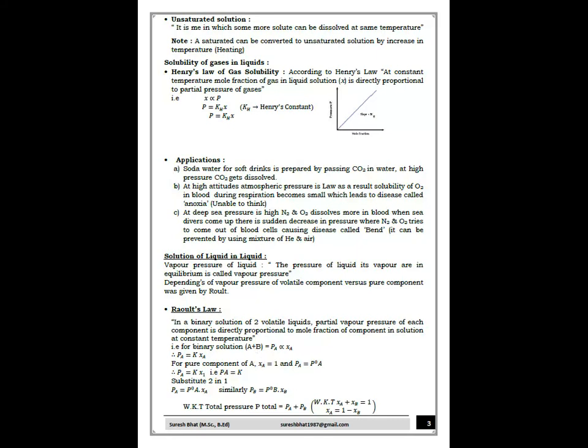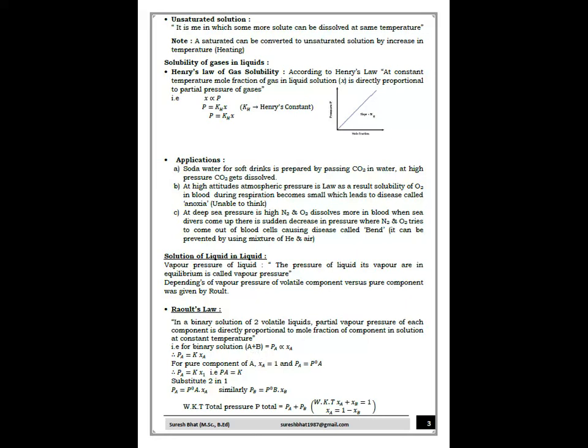I will explain the concept easily. Before that, I repeat once again the statement. In a binary solution of two volatile liquids, partial pressure of each component is directly proportional to mole fraction of component in solution at constant temperature.